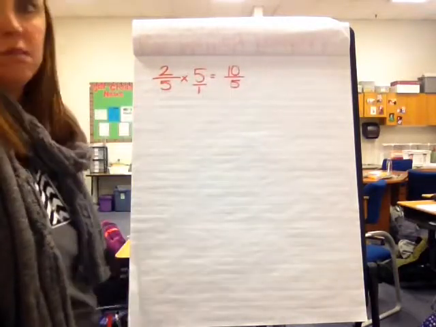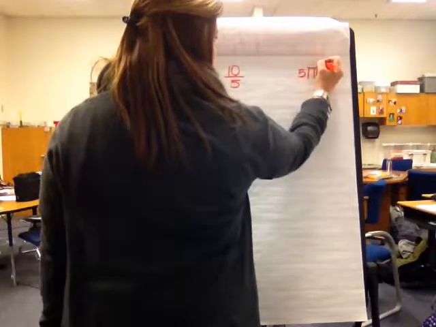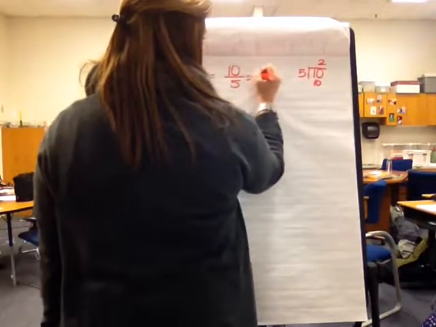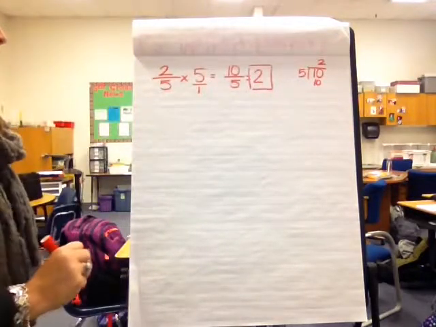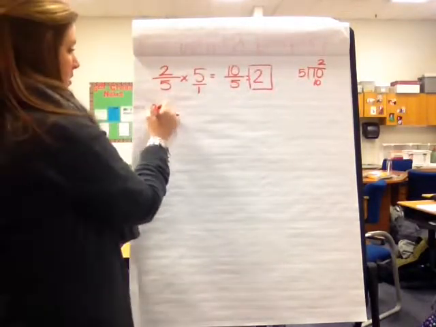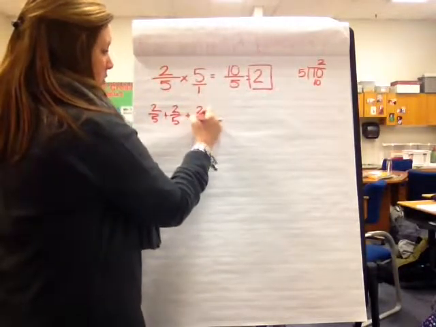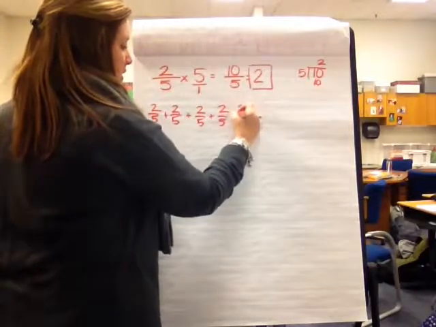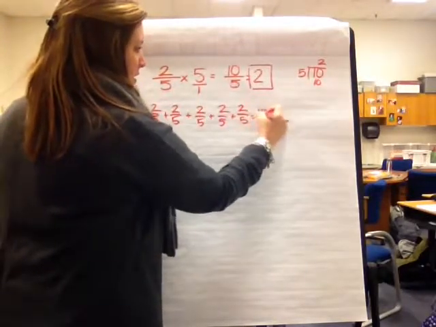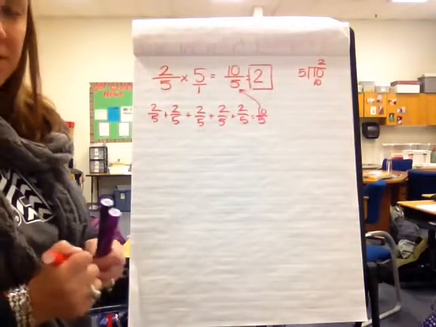What's 10 divided by 5? 10 divided by 5, 2 perfect times. My answer is 2. Okay? 2/5 five times. 2/5, 2/5, 2/5, 2/5, 1, 2, 3, 4, 10/5. Again, repeated addition. Same thing.